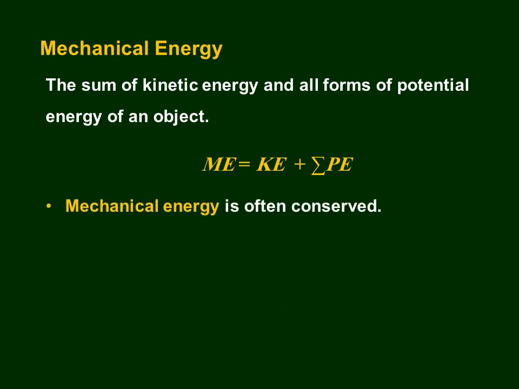Mechanical energy is also a conserved quantity under a certain condition. What's the condition? Neglecting air resistance or neglecting friction. If there is no friction, no air resistance, the mechanical energy is conserved. So, what does it mean?